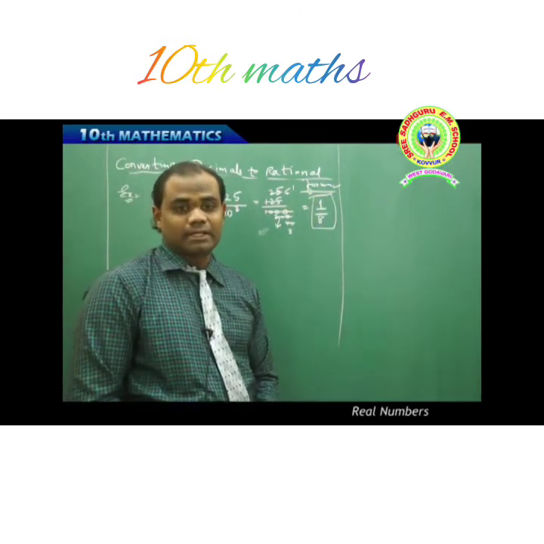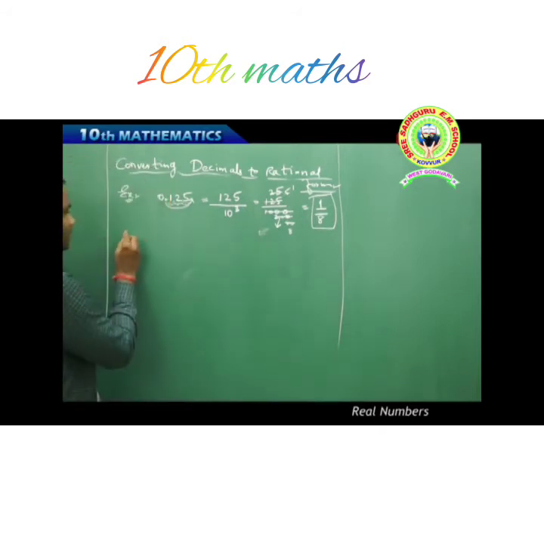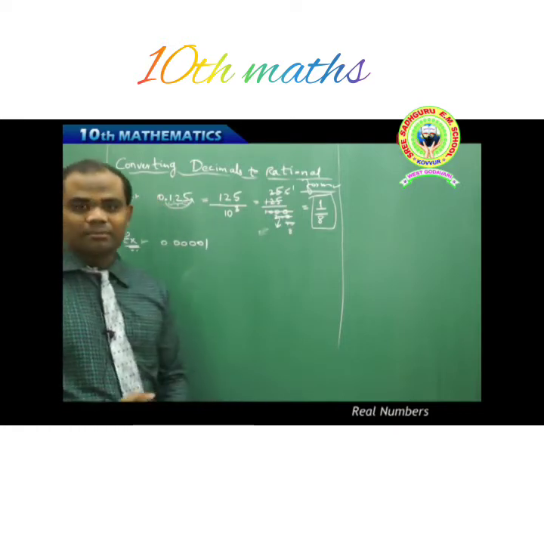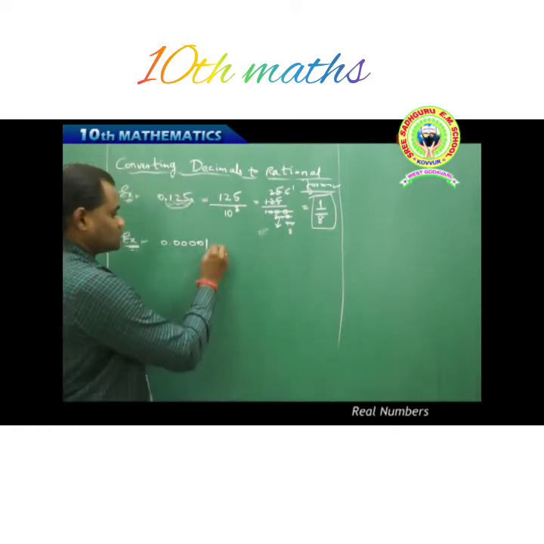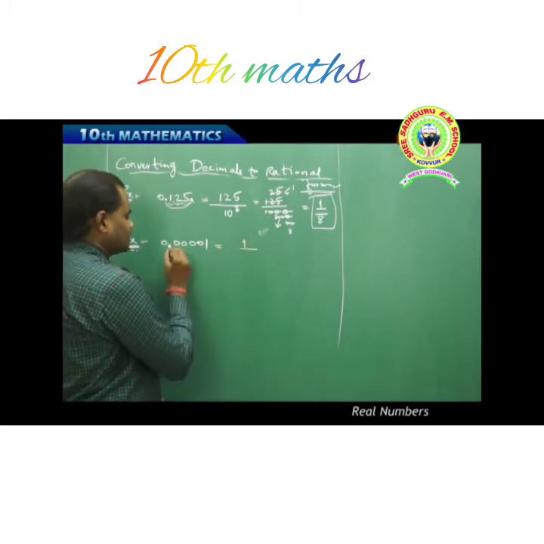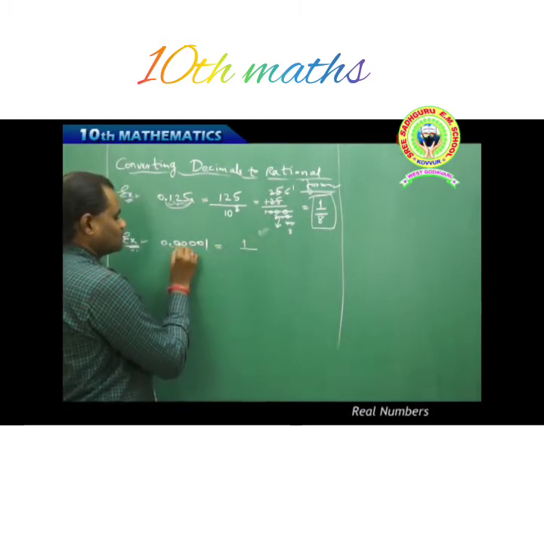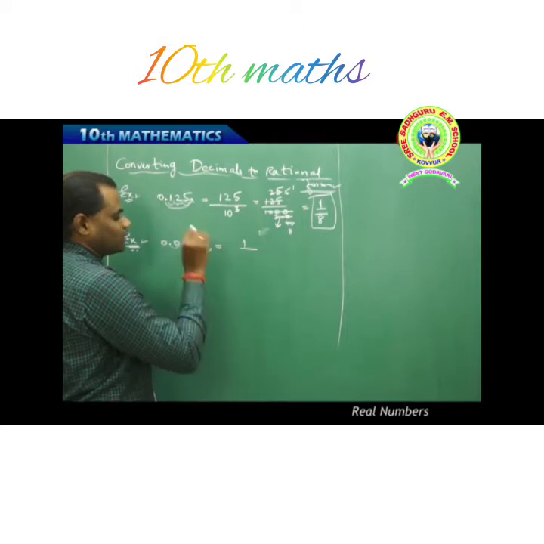So let's take another example which supports conversion from decimal to the rational number. Now this is the number which I wanted to convert to the rational form. In this case, I need to move my decimal 1, 2, 3, 4, 5 places.